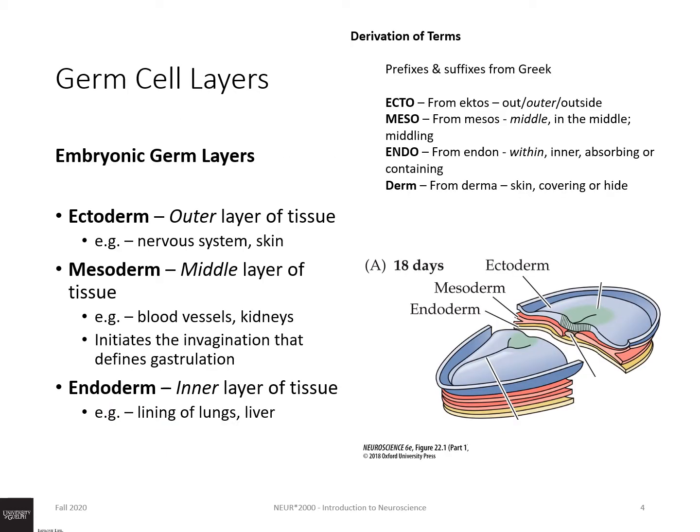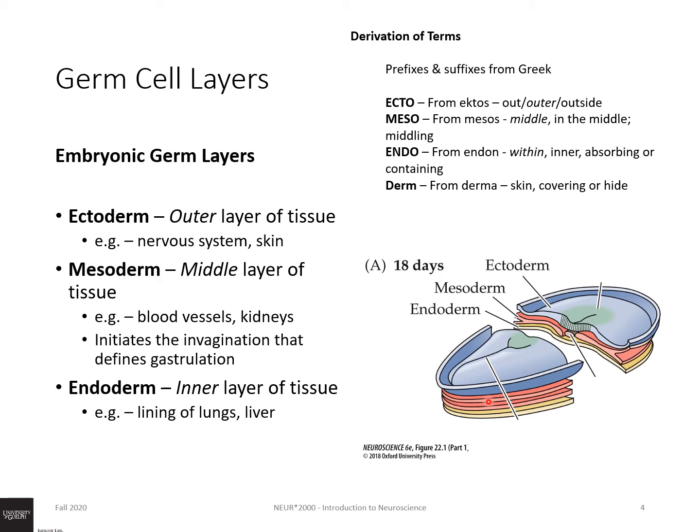So here are our germ cell layers. The ectoderm is the outer layer of tissue, and this grows into the nervous system and the skin. So ecto means outer from the Greek, so the outside. We have the ectoderm. The mesoderm is the middle layer, so meso meaning middle.